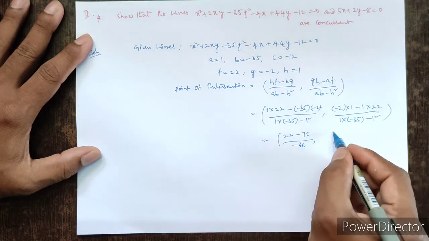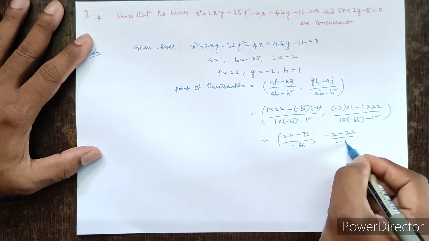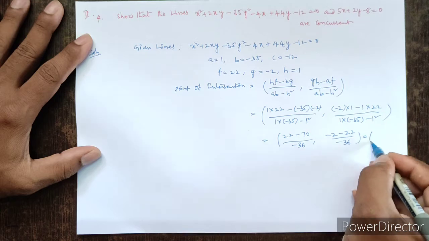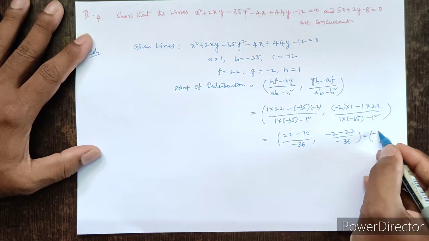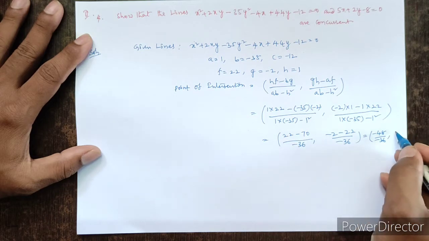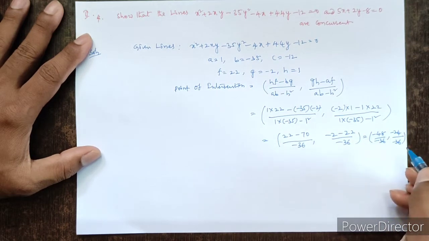So minus 2 into 1 is minus 2, this is minus 22 by minus 36. So that equals, this is 48, minus 48 by minus 36, this is minus 24 by minus 36.